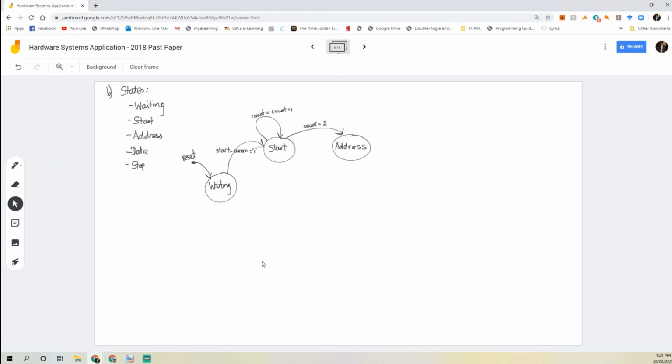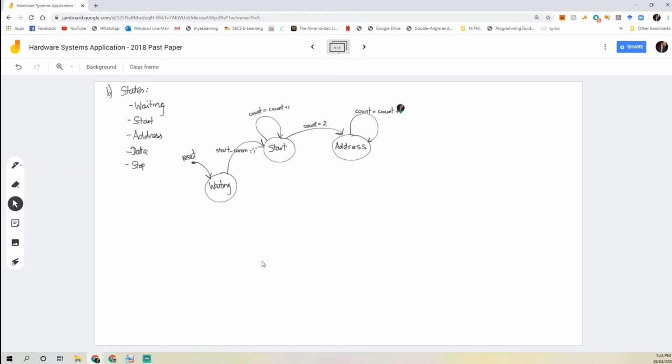And going from here to here, I'm going to say count is equal to count plus 1. Let me see if I could take this from here instead of having to rewrite it. I guess I can't. I thought I could have copied it. So let me just rewrite here. Count is equal to count plus 1.